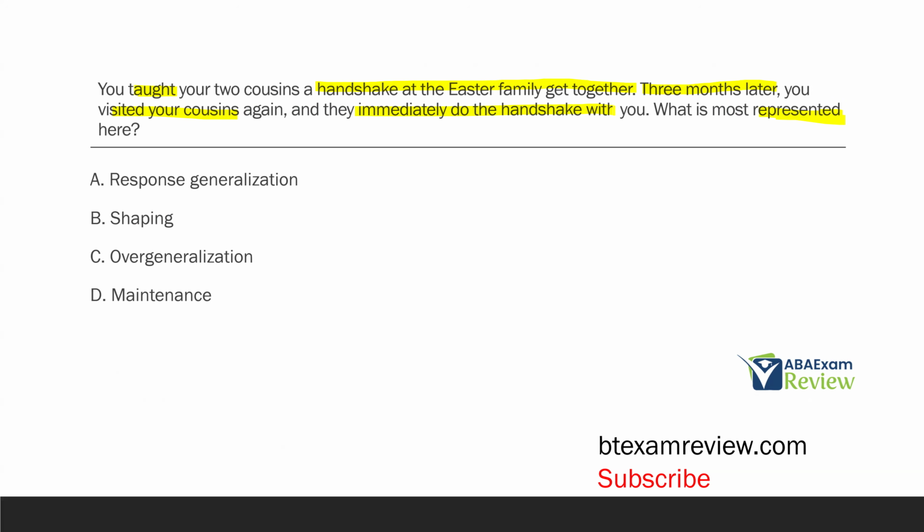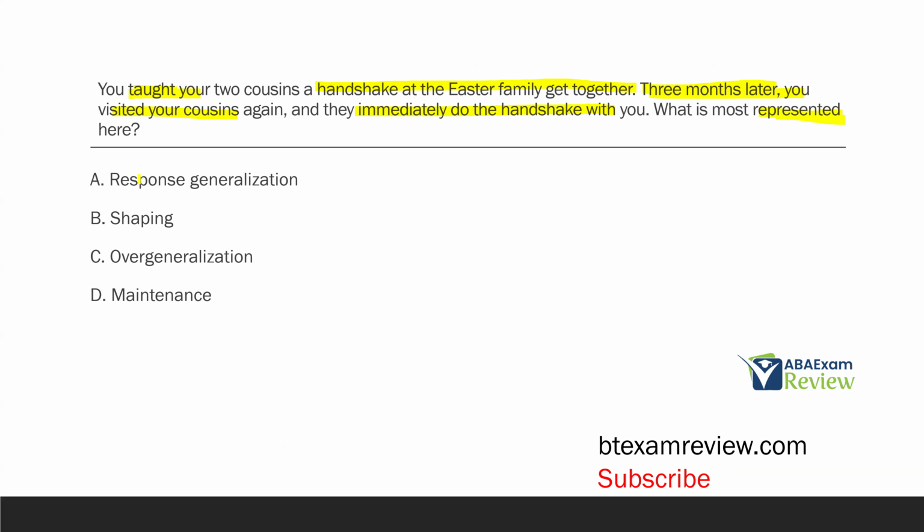Meaning you teach the skill, teaching stops, and then the skill continues. In this case, you taught your cousins the handshake. 3 months go by, you visit again, and they do the handshake with you. So it seems we have all those components.